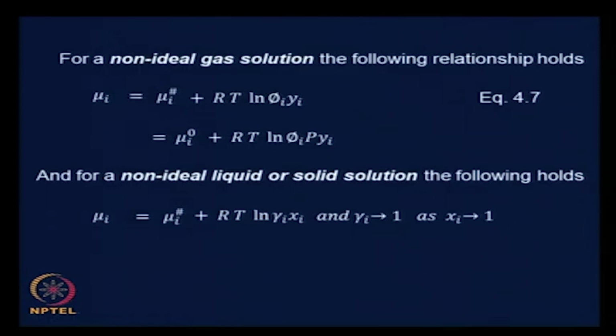The same vein here, but different details. Here mu I equals mu I hash plus RT ln gamma I xi, gamma I tends to 1 as xi tends to 1, the mole fraction tends to 1. We will call this equation 4.8, which can be written in terms of mu I naught as mu I naught plus RT ln gamma I fi xi.